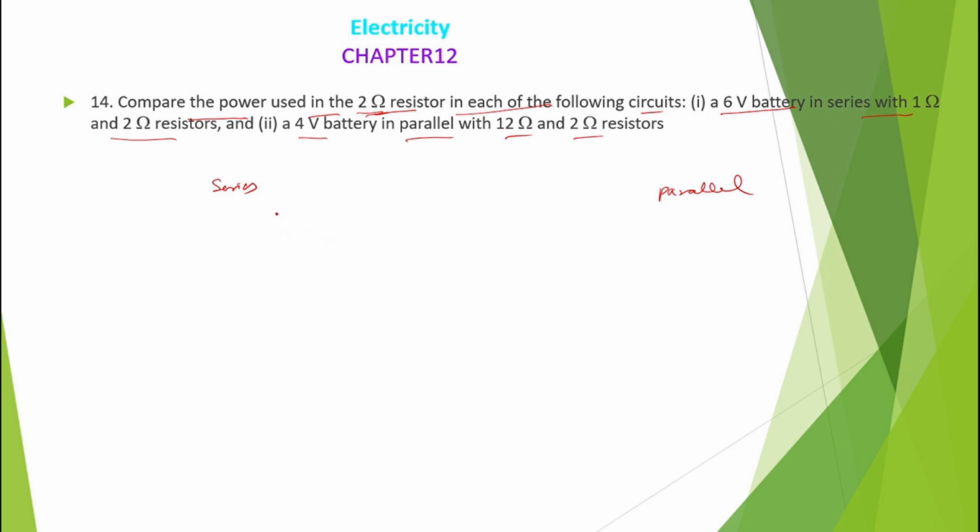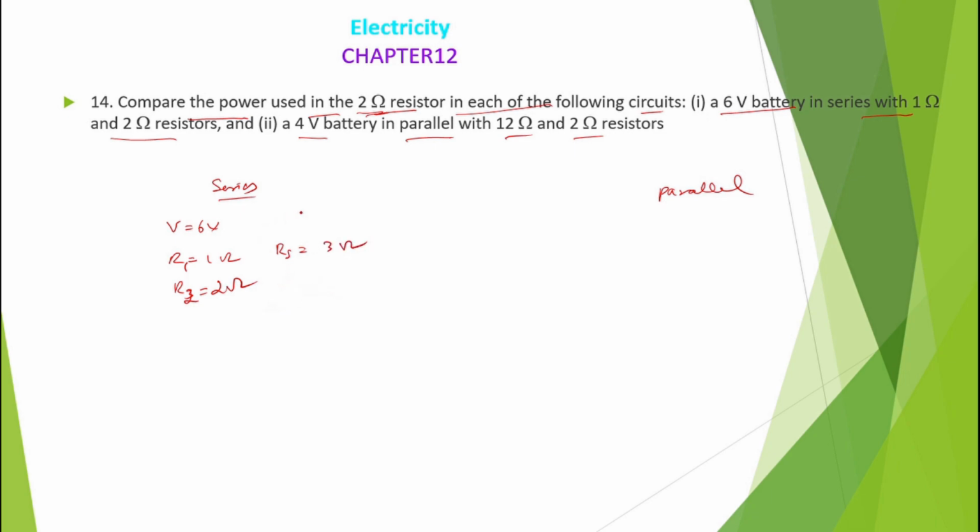For the series connection he has given us some data: V is equal to 6 volt, R1 is equal to 1 ohm and R2 is equal to 2 ohm. So RS, the resistance in series, is equal to 3 ohm.